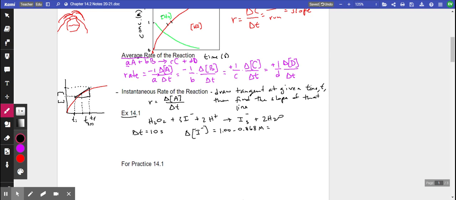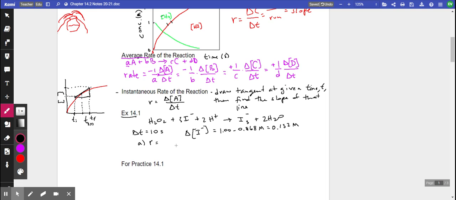So we need to take 1 minus 0.868, which is 0.132. So the concentration changes by 0.132. The time changes by 10 seconds. Part A says calculate the average rate of this reaction in this time interval.